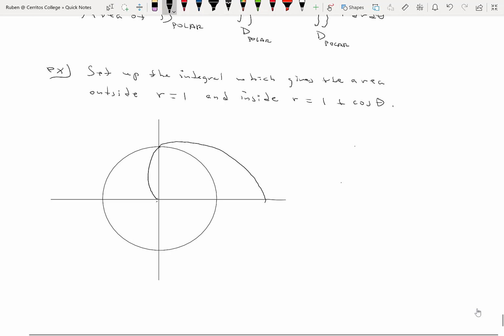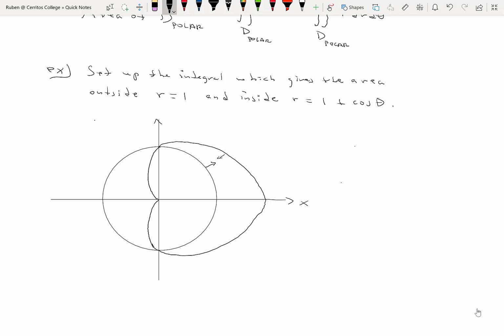It comes around, and looks about like that. Okay. So I want the integral which gives me the area outside r equals 1, so it lies outside the circle, but inside the cardioid.